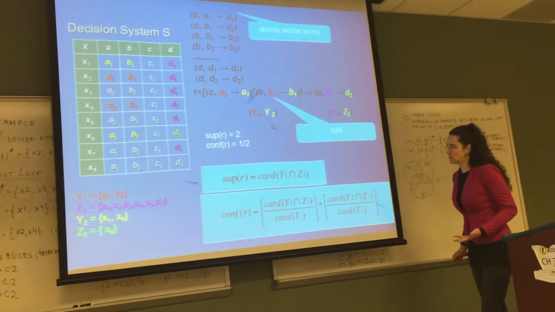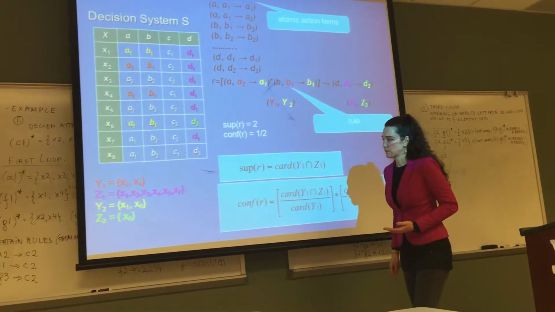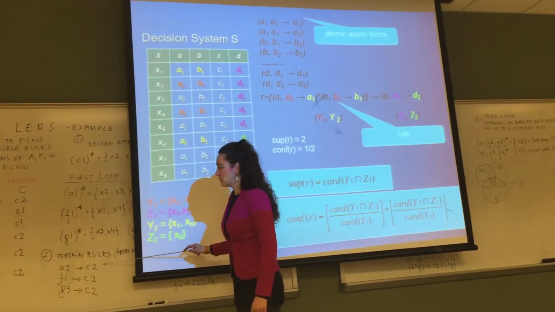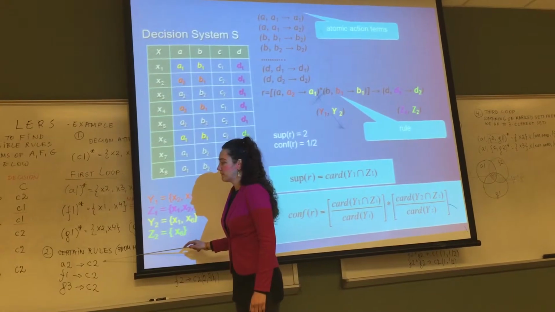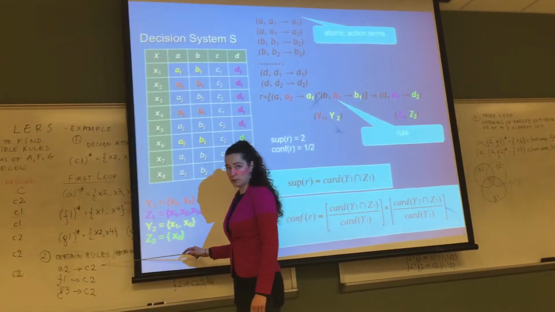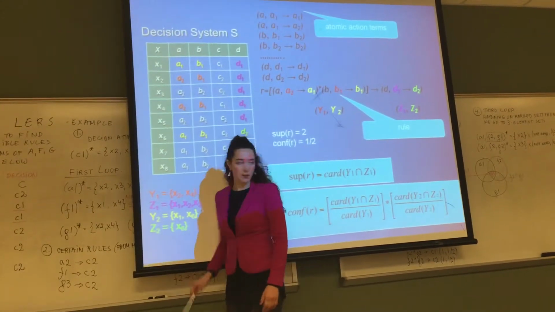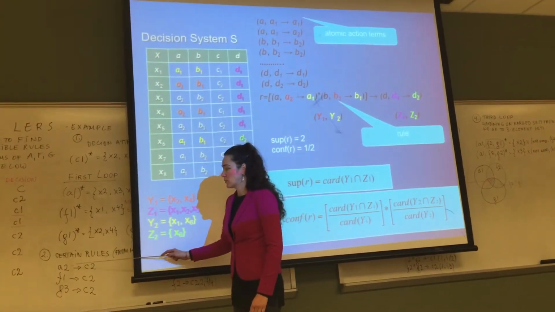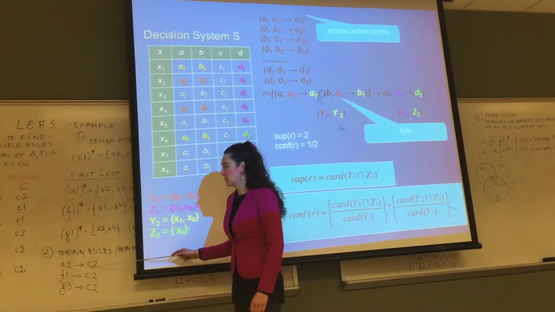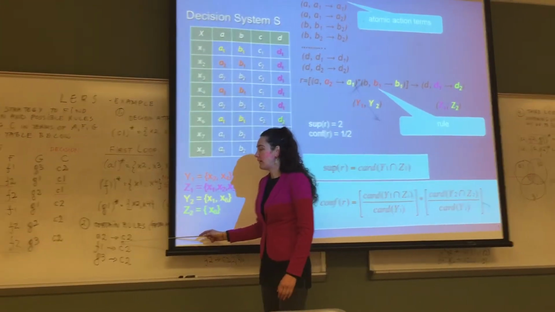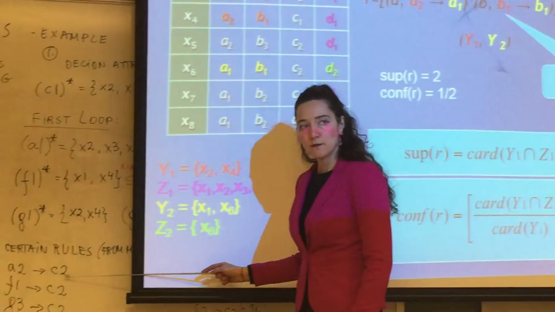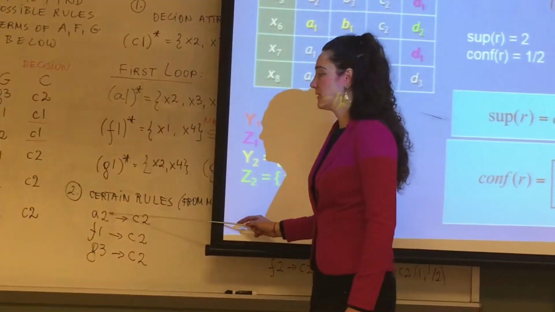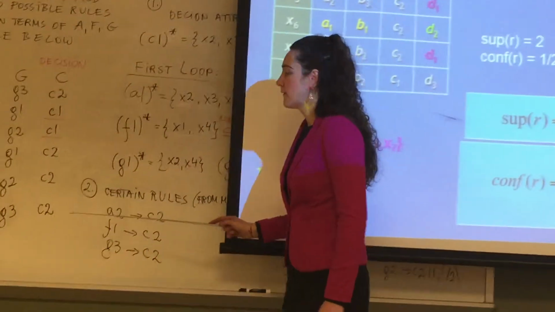Now, our rule looks different than just this rule. So this rule, A2 implies C2. It's easy to compute the support and the confidence because the support is equal to the number of times A2 and C2 occurred together, and the confidence is the number of times A2 and C2 occurred together divided by the left side, which is A2.